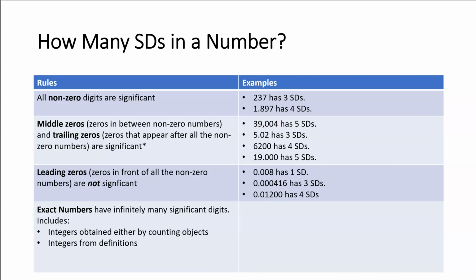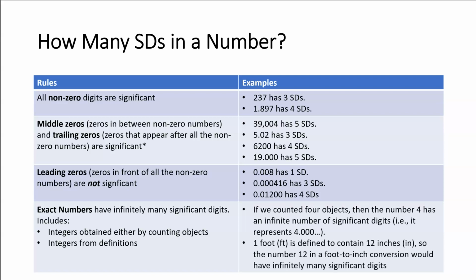Finally, exact numbers, we say, have an infinite amount of significant digits. Exact numbers would include integers obtained by counting objects or integers from definitions. What we mean by that is if we counted 4 objects, then the number 4 has an infinite number of significant digits.